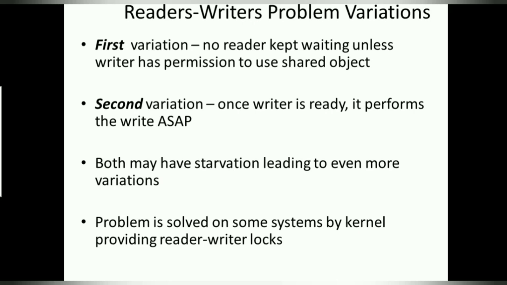If another reader process or writer process tries to access the shared data, it shall be denied. So the reader lock is also called a shared lock, whereas the writer lock is called an exclusive lock.